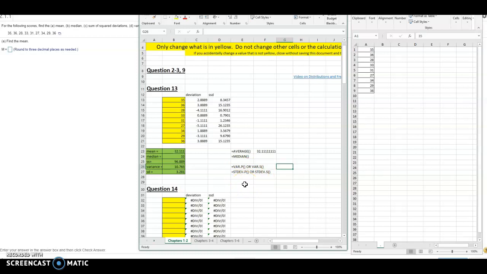But back to the basic commands: equals AVERAGE. As you type them in, they should start to pop up. If you want to find the median, type it in and then highlight your data. If you want to find, say, the variance for a sample, you start everything with an equal sign, and then highlight the data.